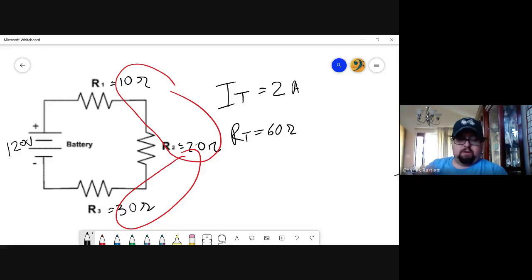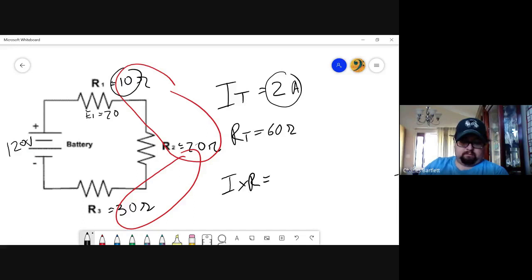So then if we want to find a voltage that's dropping across the resistance, we just need to apply the IT. So the I times R: 2 times 10 gives us an E1 of 20 volts.